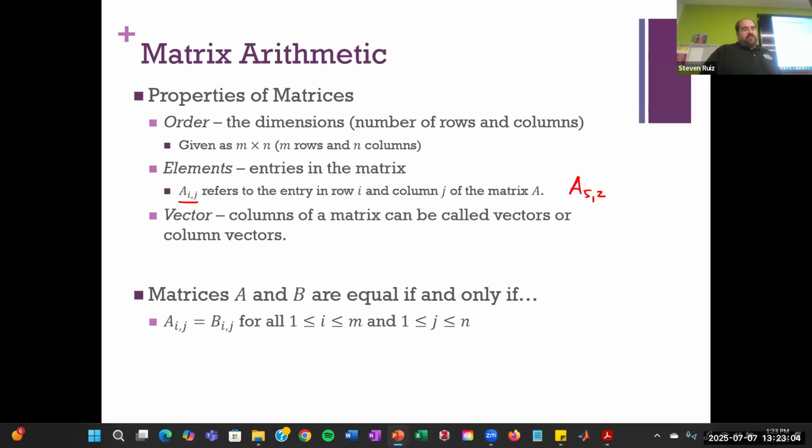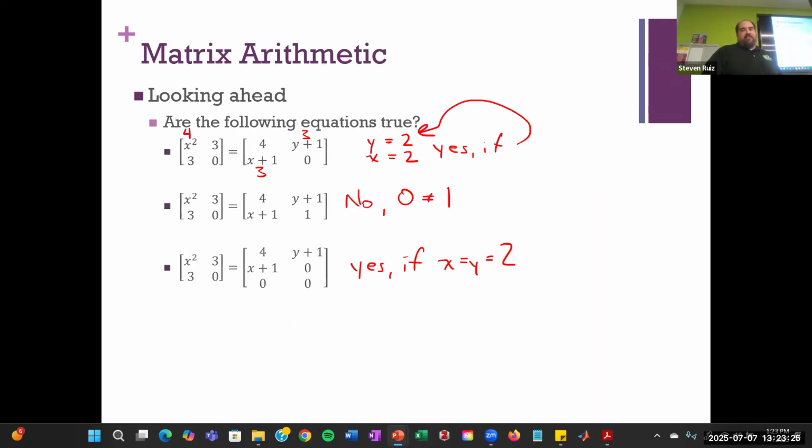All right, when are they equal? They're equal if and only if every corresponding pair matches: two matrices are equal if this element is equal to the element in the same place in the other matrix. And that has to be true for every single element. So how do we feel we did for this set of 3? Go ahead. What's that? That's the one I'm going to push back against.